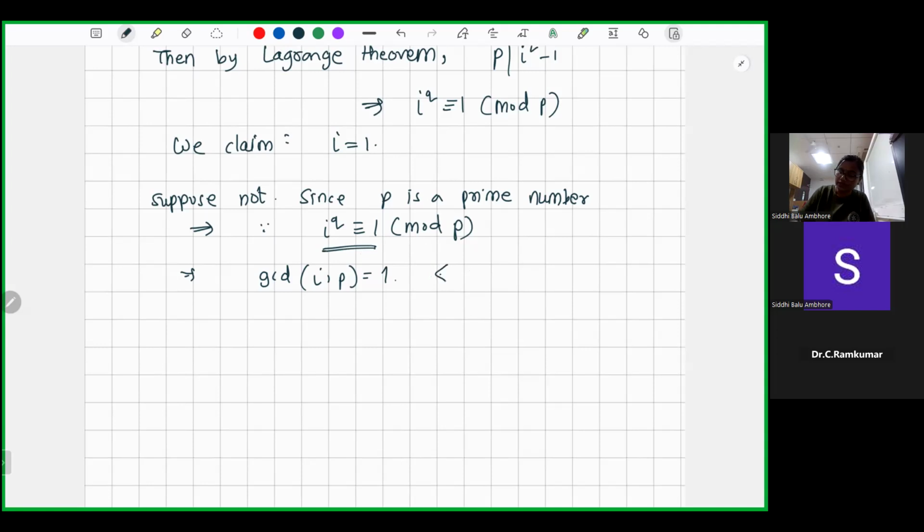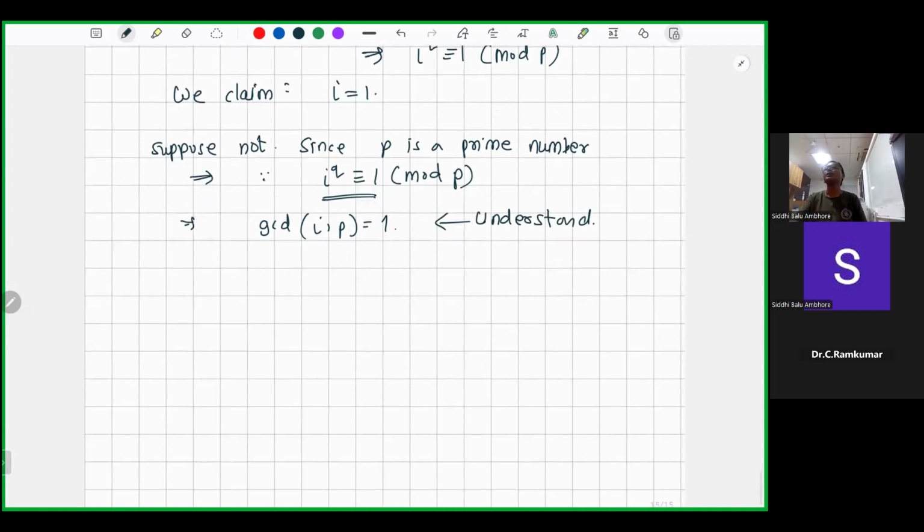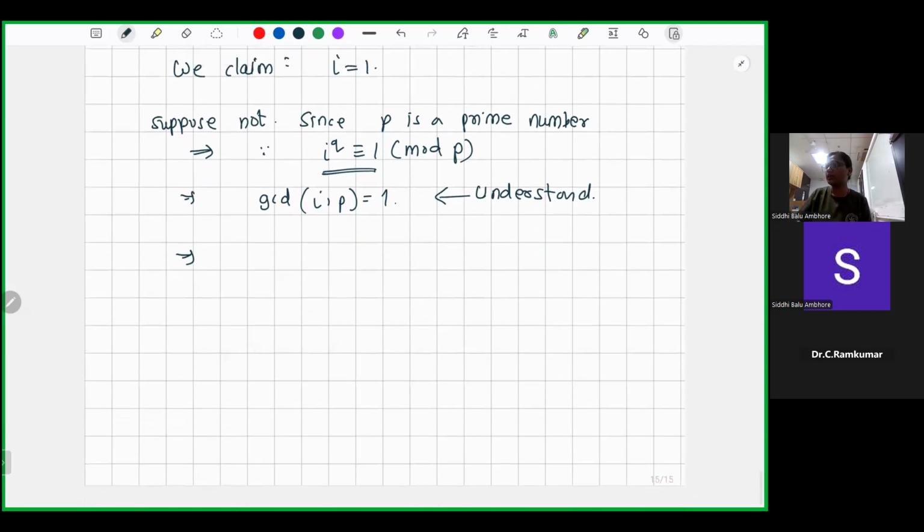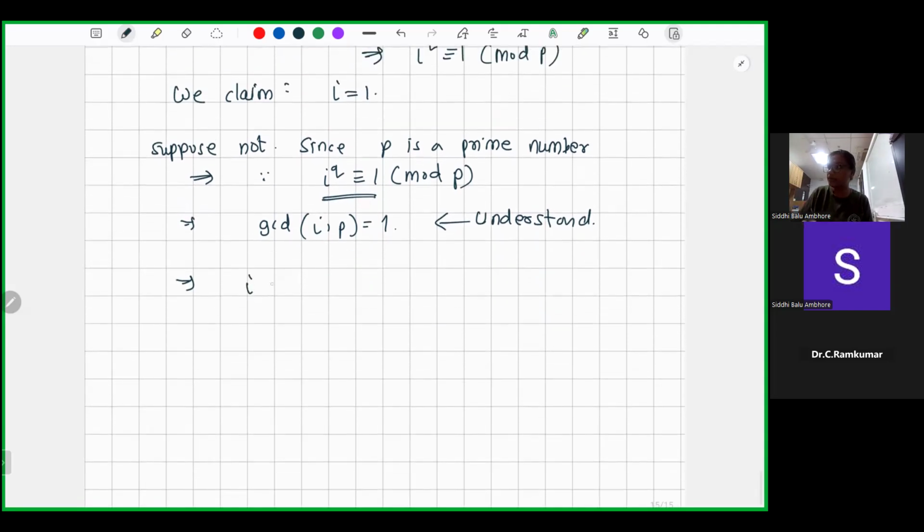So since i was between 1 and p, this implies that i belongs to U_p. U_p was all those k in p such that GCD of k and p is 1.